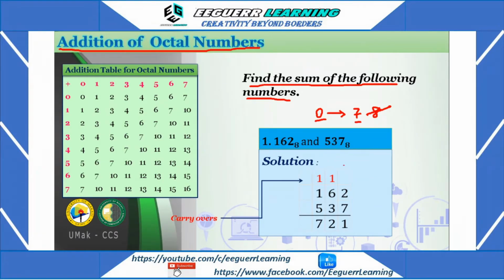Okay, so we start adding these octal digits of 162 plus 537. So we start adding 2 plus 7. So 2 plus 7 will give us 9, but octal has a total of 8 digits, from 0 to 7.